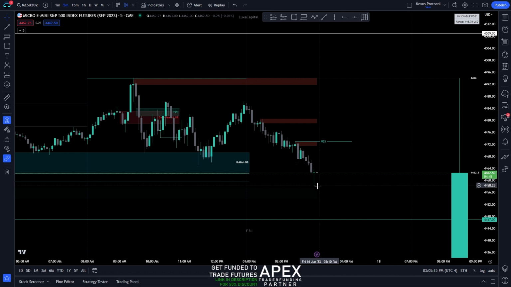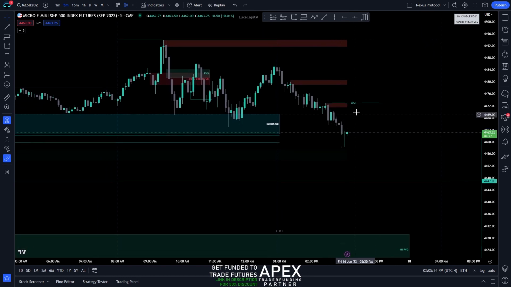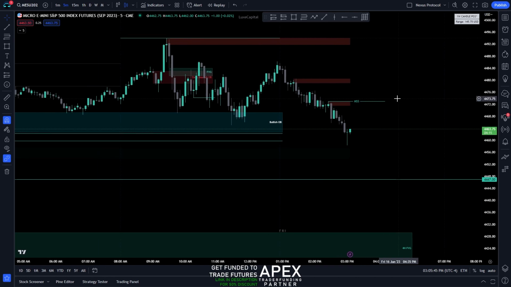Hard to say if it'll have time to reverse, come up here, come back, make a fair value gap, come back down, and then take off all within an hour. But it's only a few candles. So that might have been it for liquidity grabs today. And then it's just going to do some stupid stuff for the rest of the afternoon. It's a Friday. It's not going to have a lot of energy.